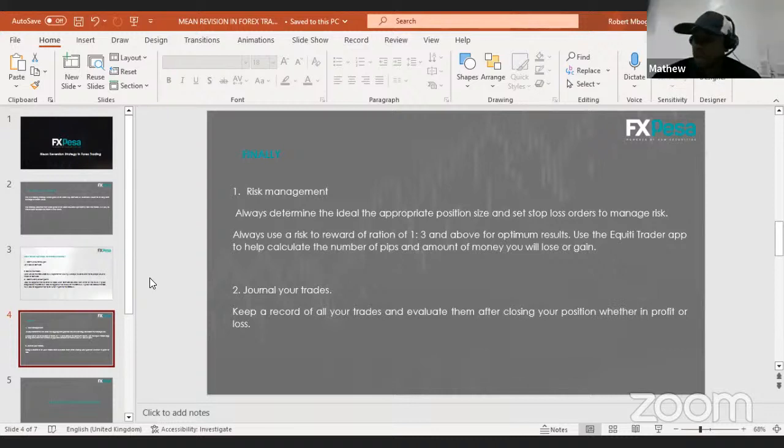Yeah, pretty much. So maybe before we go to the chart, have a look at the GBP example. We can actually go through the Equity Trader app for maybe those guys who would want to understand how this plays out.